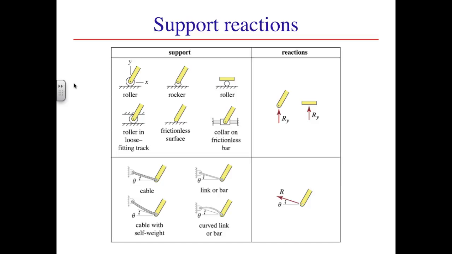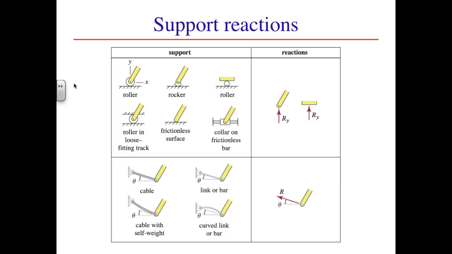If the surface is parallel to the x direction, then that normal force is in the y direction, as shown here. The 4 icons shown in the lower left all represent conditions where there is a single reaction force directed at an angle theta. The icon in the lowermost left, involving a cable with self-weight and hence sagging, is not one we will run across in our applications.